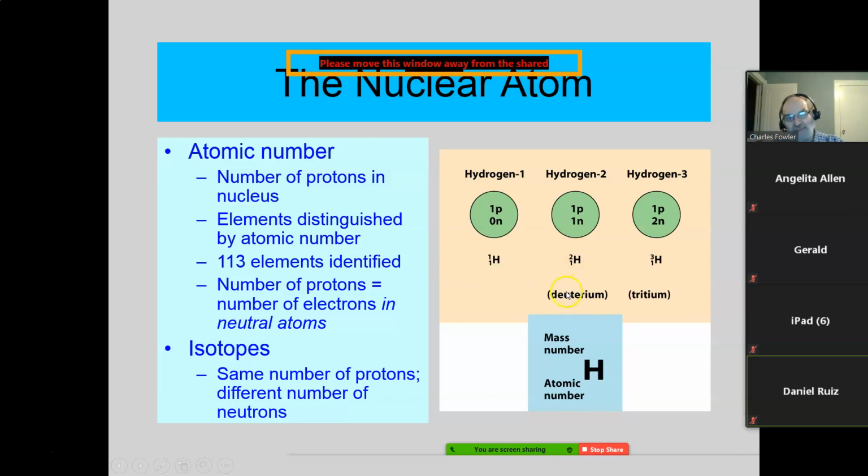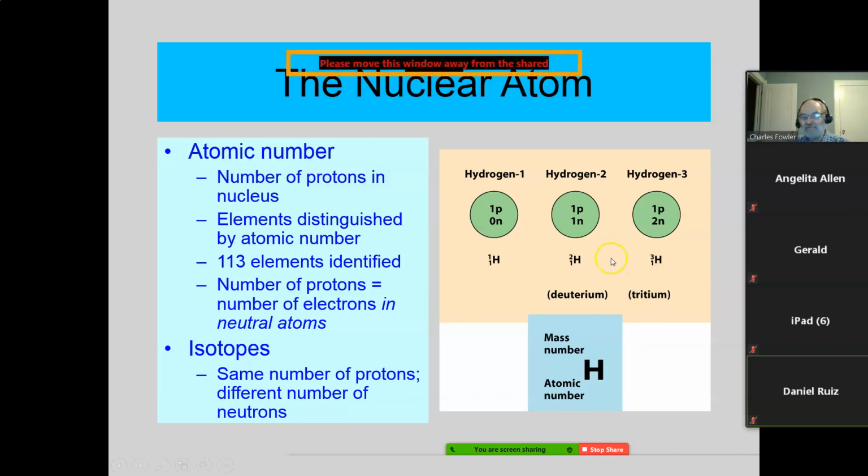Because it has twice the mass. If you have an atomic number of 1, that makes it hydrogen, but you have a mass number of 3, that means you've added 2 neutrons. Okay? And because it's triple the mass, they call it tritium. Tritium is very, very, very rare.